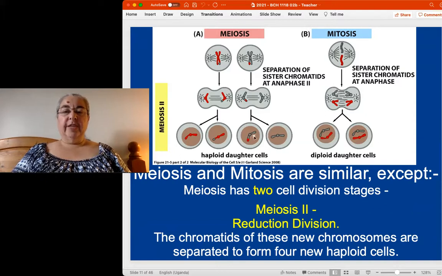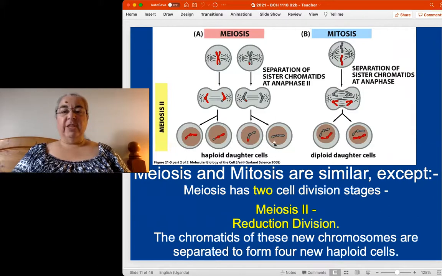Each of these 4 cells now has just 1 copy of each particular chromosome, but with a mixture of genetic information. So you'll see illustrated here that one has a completely red chromosome, one a completely grey chromosome, one red with some grey, and one grey with some red.